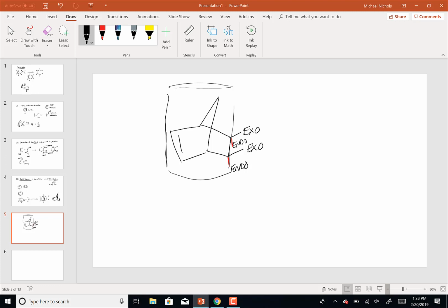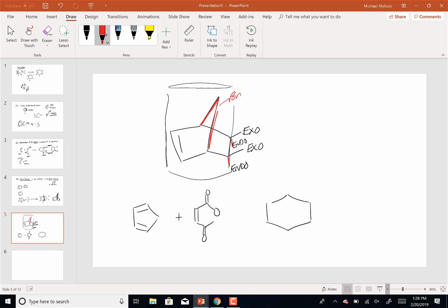So rule 3 is that if we took cyclopentadiene and reacted it, let's say, with our maleic anhydride from lab, it's cis. And so what would happen is, in our product, we could write the product one of two ways. Notice that the bridge here, this is called the bridge.